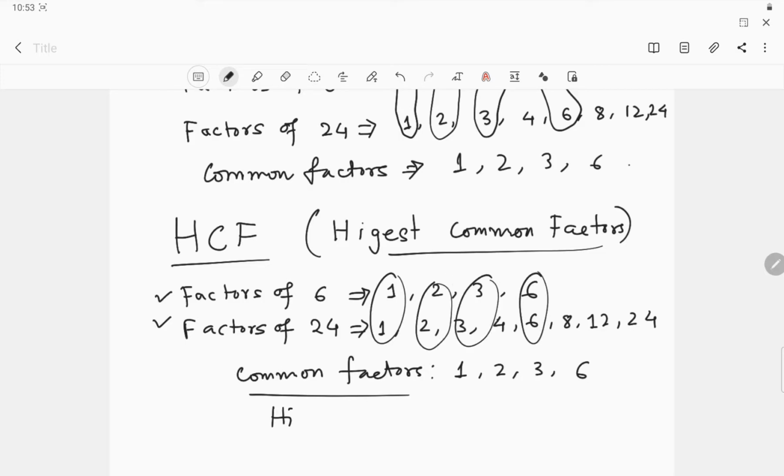Now you have to find the highest common factor, so search for the highest among the common factors. That is 6. So the HCF of 6 and 24 is 6.